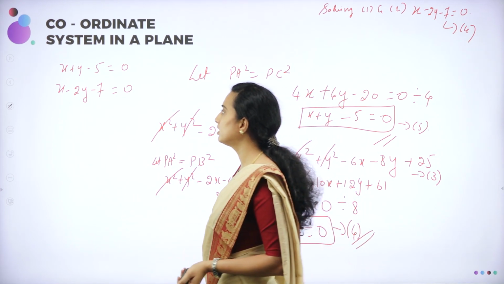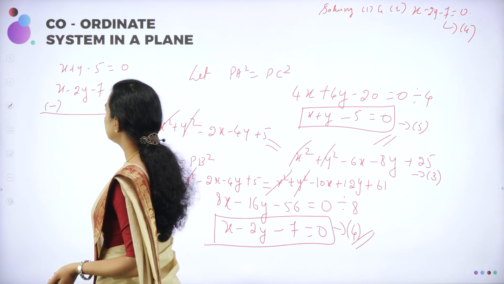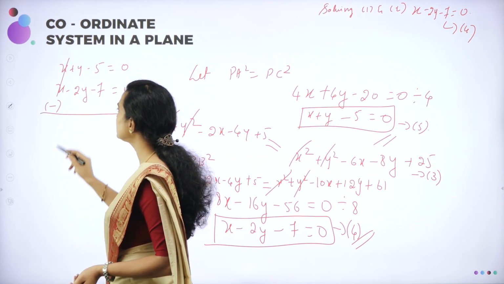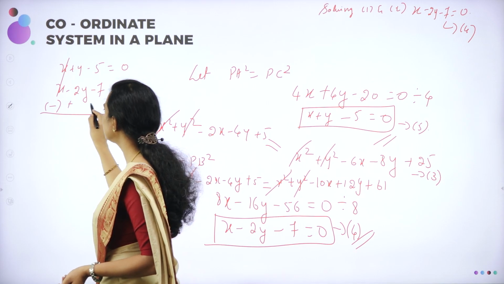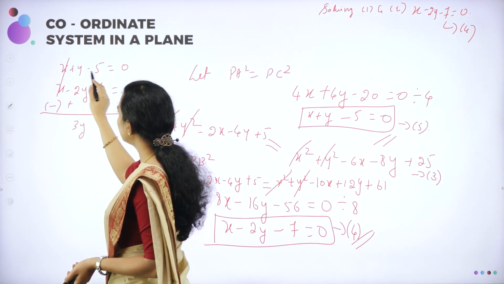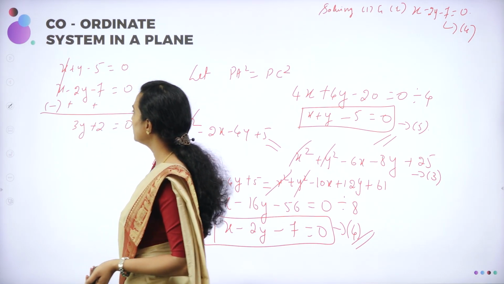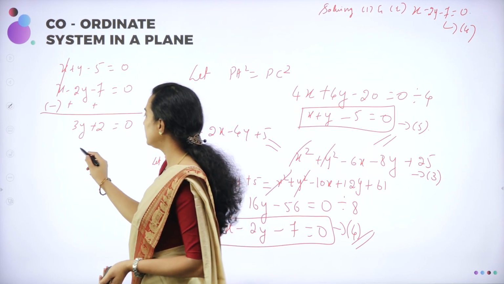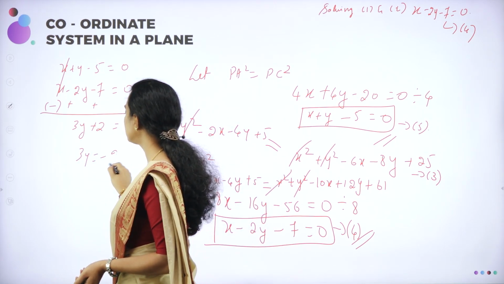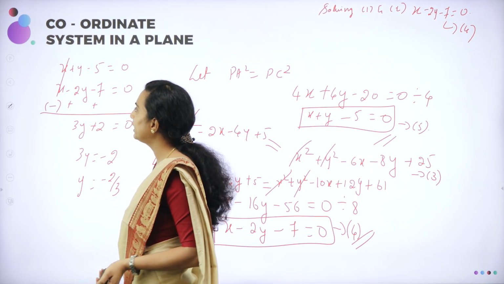If you subtract, this will get cancelled. This will become y plus 2y. y plus 2y is 3y, minus 5 plus 7 is plus 2. Correct? So the answer will be 3y is equal to minus 2, or y is equal to minus 2 by 3.